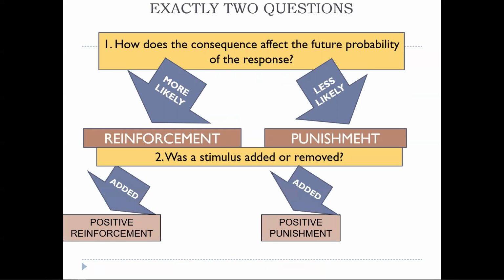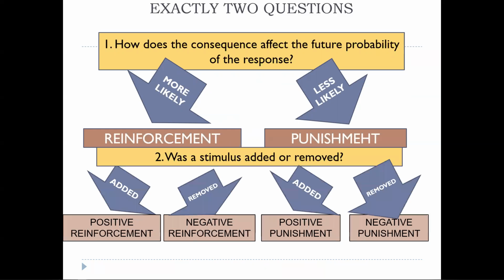If it's because you added a stimulus, then you're in positive land. So if your answer to question 1 was reinforcement, then it's positive reinforcement. If the answer to question 1 was punishment, then you have positive punishment. If it's because you removed a stimulus, then you're either in negative reinforcement or negative punishment.